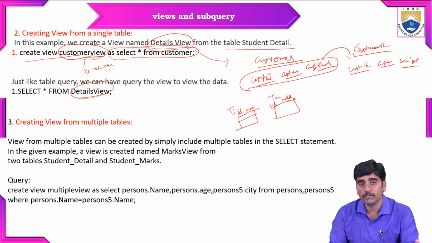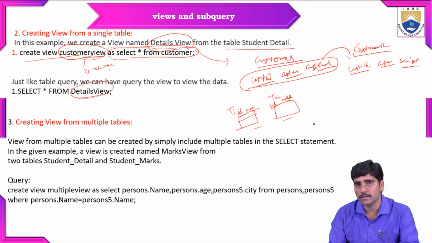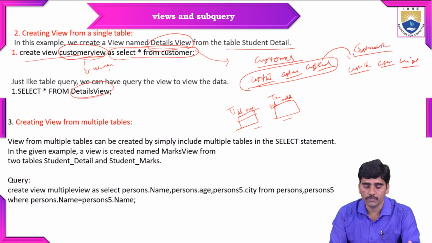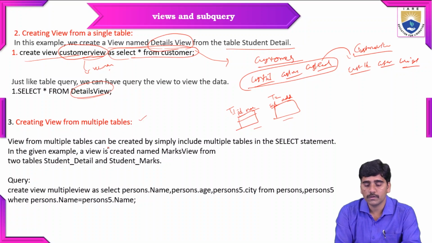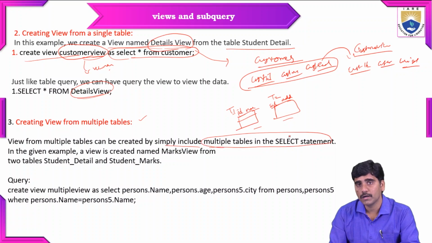If I want to create a view from these two tables, I can write the column names along with the table name while creating the view. A view from multiple tables can be created by simply including multiple tables in the select statement.